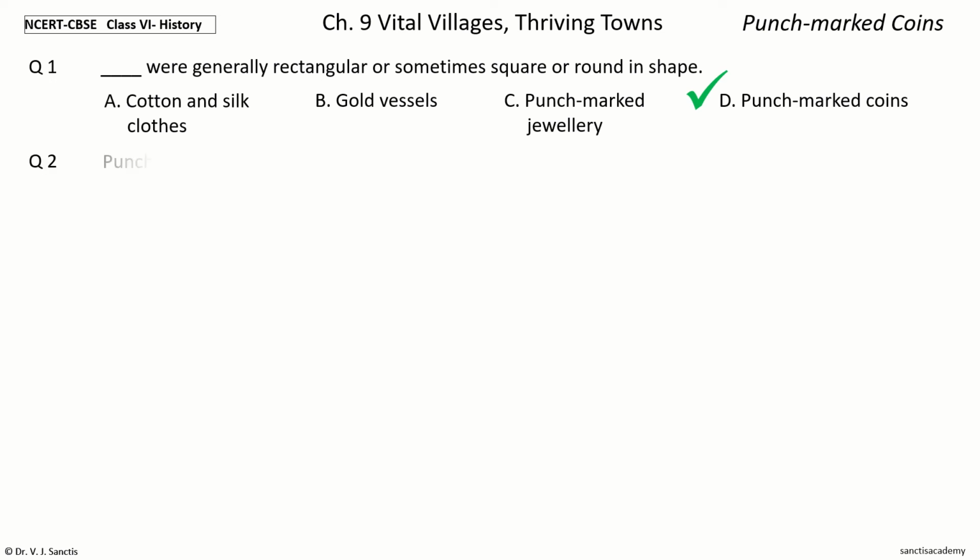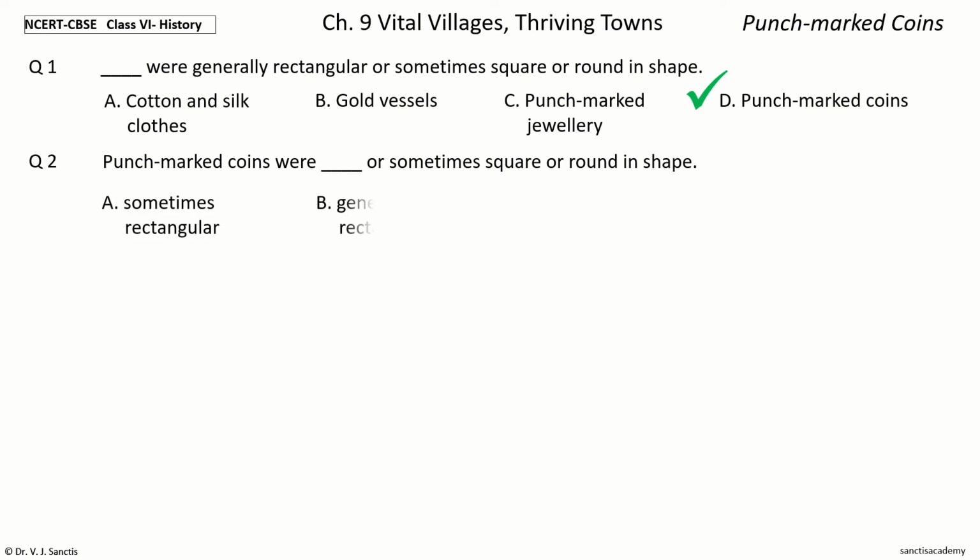Question 2. Punch-marked coins were dash or sometimes square or round in shape. The options are sometimes rectangular, generally square, generally round.